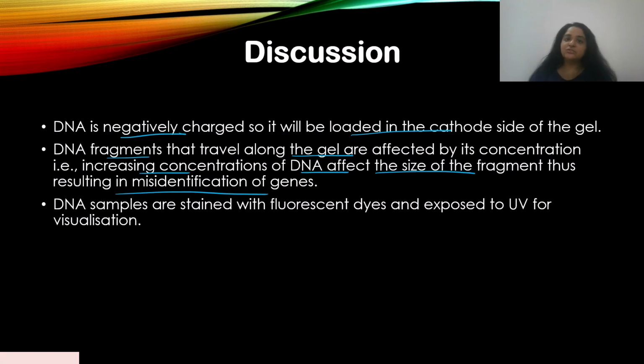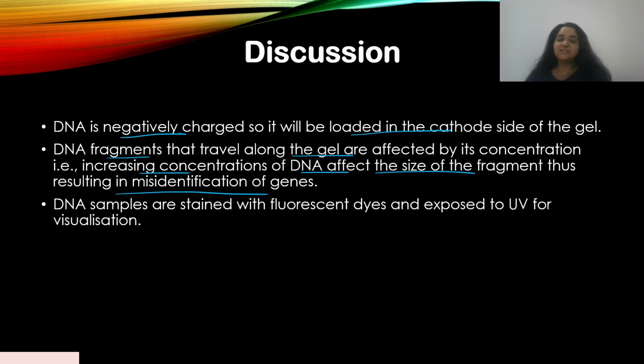So an ideal concentration is required. You can't have 800 micrograms or anything like that, it has to be approximately 80 micrograms or so. But various experiments have been done to suggest that the concentration of DNA plays an important role when running gel electrophoresis.